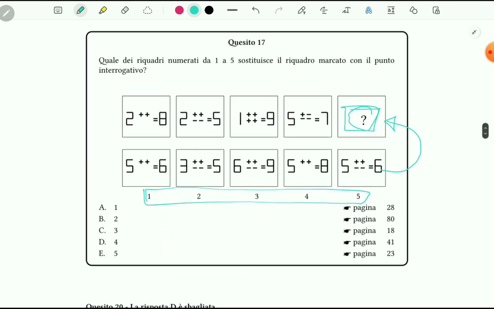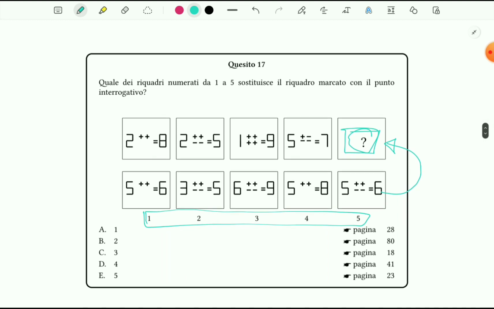If you think that this is a problem you can solve by mathematics or by finding some relation between the numbers, you are wrong. This kind of problem never follows the mathematical rules, but of course you should check whether there is a relation between the numbers. For example, in this case we can't have any relationship.